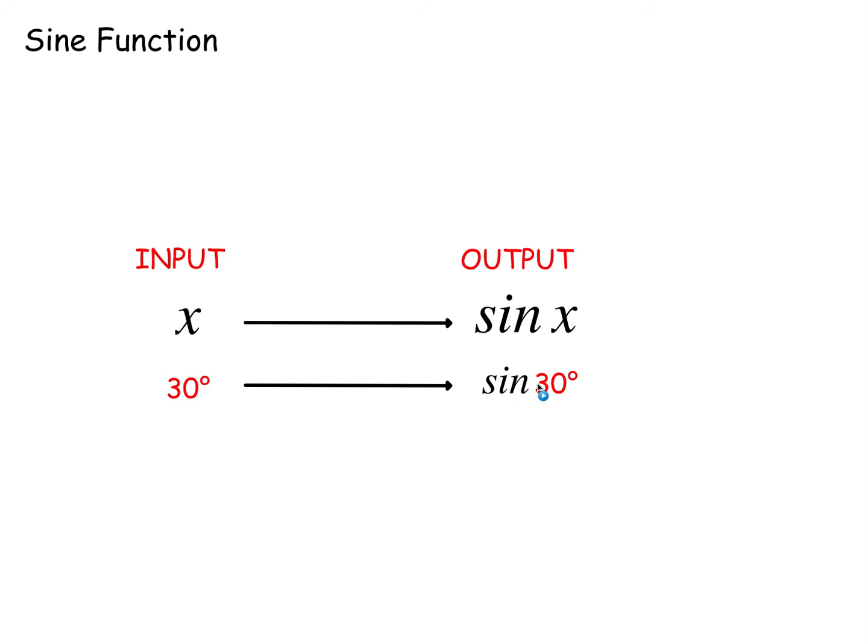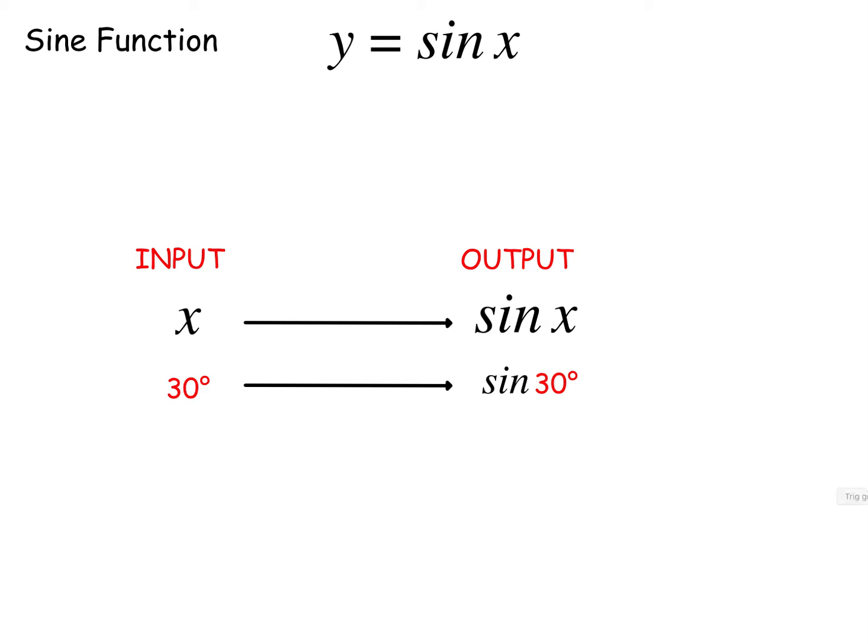A function has an input and an output, and it's important for the work on graphs that you realise this x here on its own is the input, it's the x coordinate of the graph. So the input's x and the output's the whole of this sine x. Input x, output all of sine x, and we call the output y because it'll be the y coordinate. So we're going to look at graphs where we input x and we output sine x.